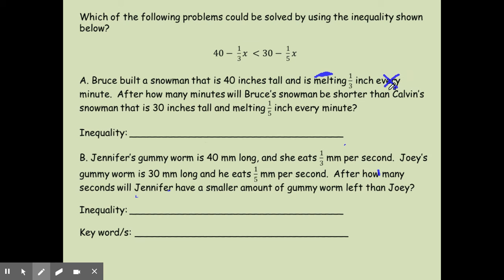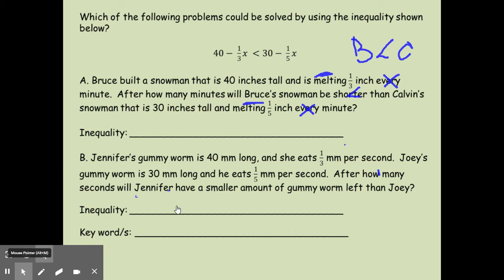So every minute, I don't know how many minutes. After how many minutes will Bruce's snowman be shorter than Calvin's? So I want Bruce to be shorter than Calvin, right? I want it to be smaller than Calvin's, whose is 30 inches tall and is melting 1/5 inch every minute.